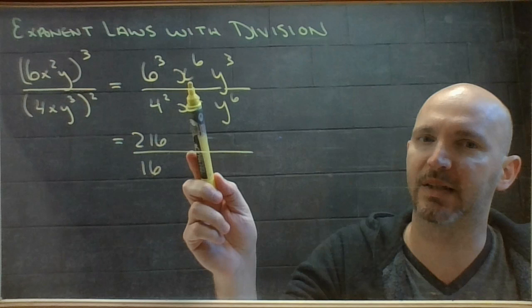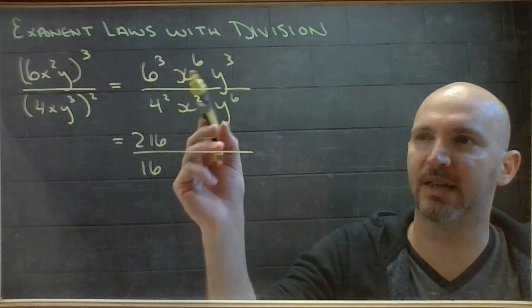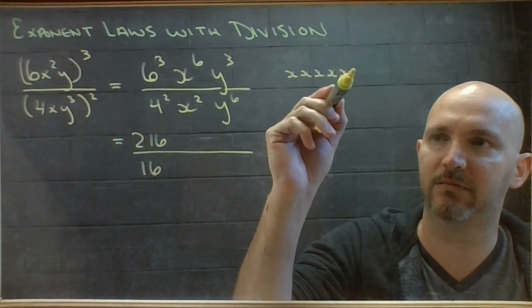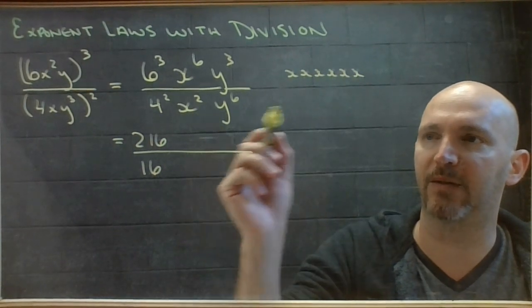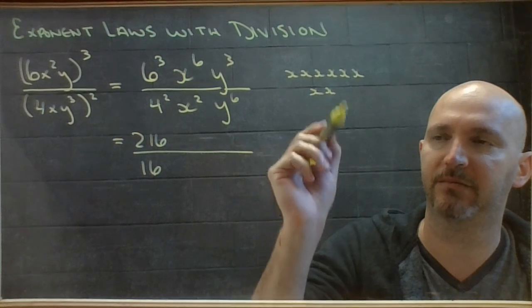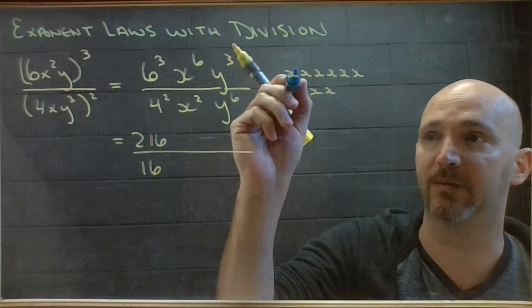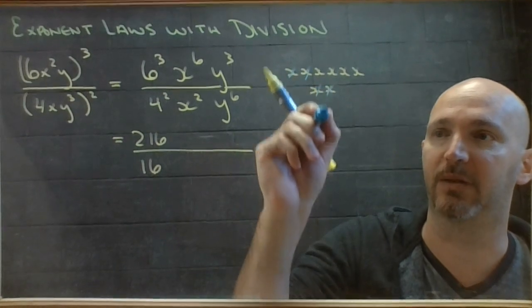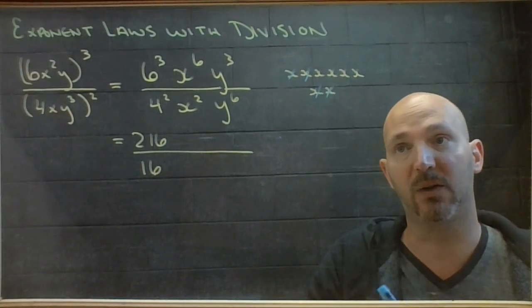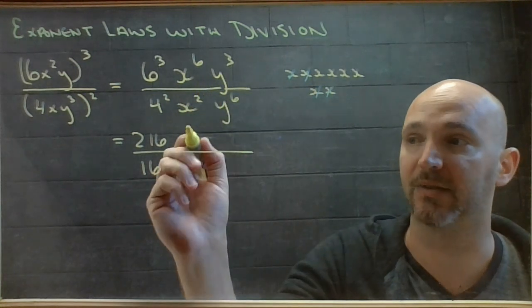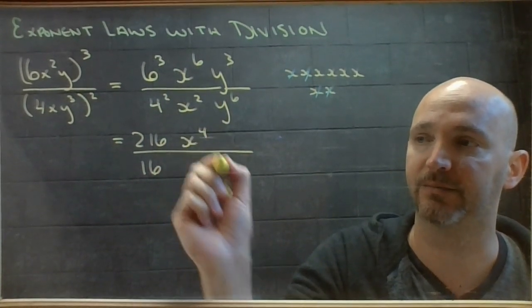Now, if I wrote this out the long way, I would have 6 x's on top, and I would have 2 x's on bottom. And if you go through and start eliminating those, that leaves me only 4 x's in the top of this fraction. So the x to the 4 goes up here.